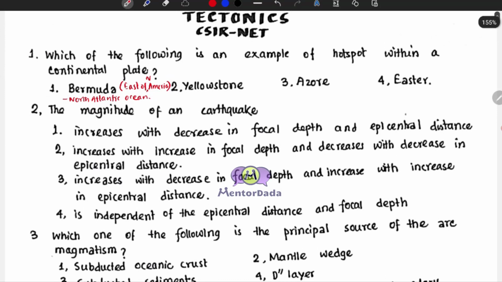And the second one is Yellowstone. Yellowstone is situated on the continental plate. You all know about Yellowstone National Park, and the Yellowstone hotspot is situated around it, on the North American plate.